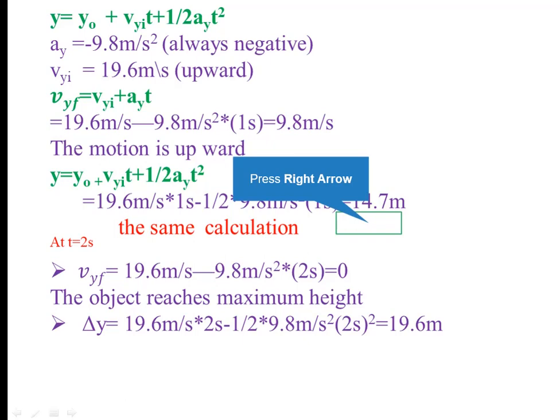The solution is, using this equation, the displacement in the vertical at any time, y, is equal to y naught plus v initial y t plus half a_y t squared, and a_y is minus 9.8 meters per second squared, and the initial velocity in the y is 19.6 meters per second, positive upward, and the velocity at any time equals the initial velocity in the y plus the acceleration in the y times t.